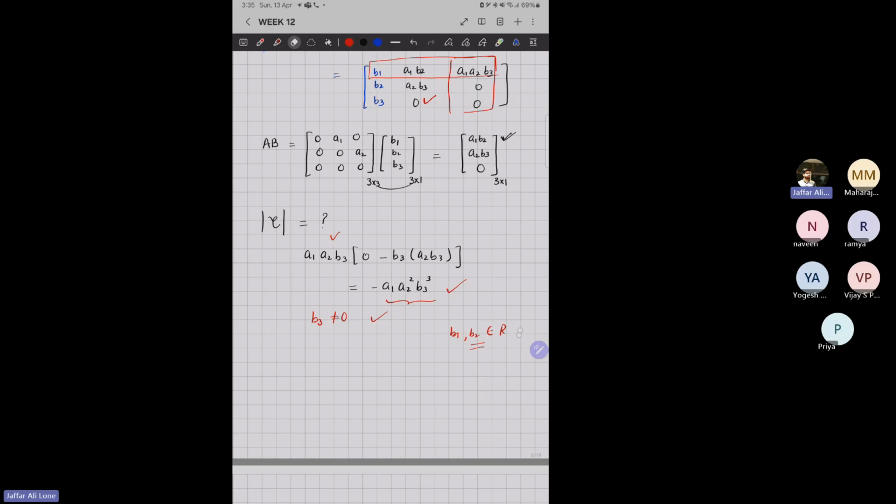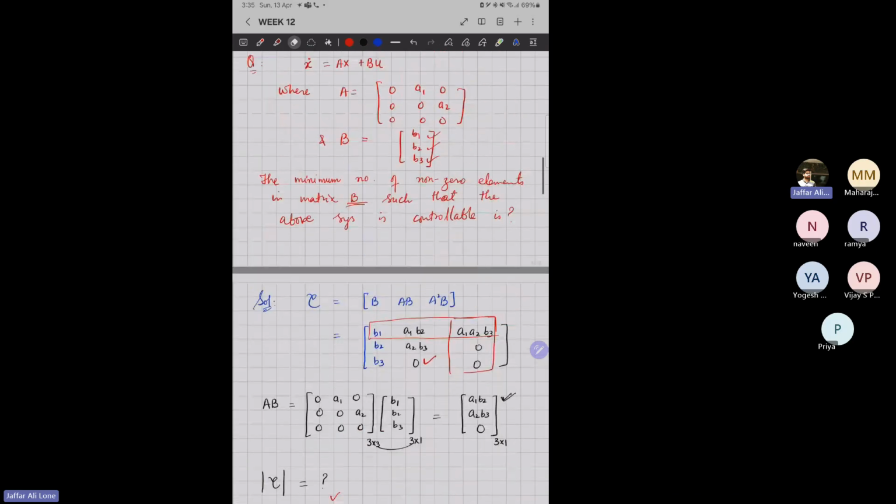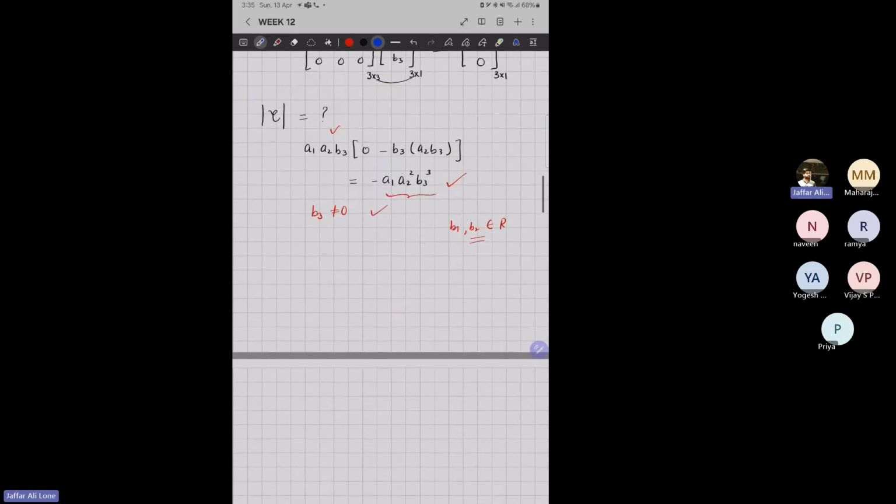So the answer is the minimum number of non-zero elements in matrix B such that the above system is controllable. Can you tell me the minimum number of non-zero elements? One. So the answer is 1. Sometimes you are given these blanks. That is, B3 should not be equal to 0.